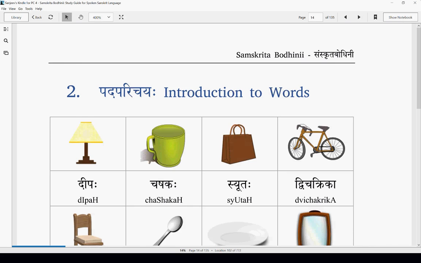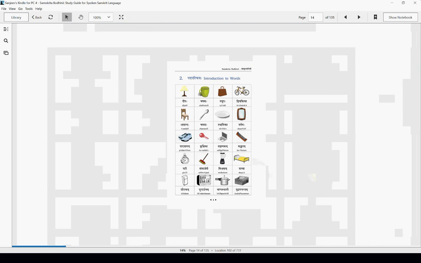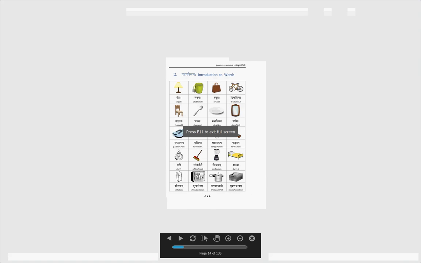Anybody else want to volunteer to read these? Nirmala Dev? Or anybody else? Archana. Deep. Archana. Yeah. Aham.